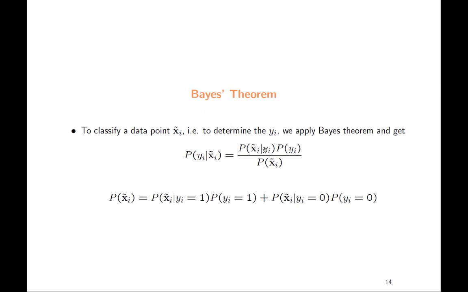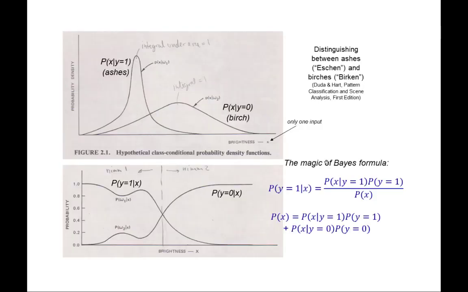Because then, if we have these two things, we can apply Bayes' formula and get what we are typically interested in, which is the probability of the class given the observed data. And this part here on the bottom simply can be expanded in this equation, and this again only involves things we have modeled. So this is the famous Bayes formula or Bayes theorem.